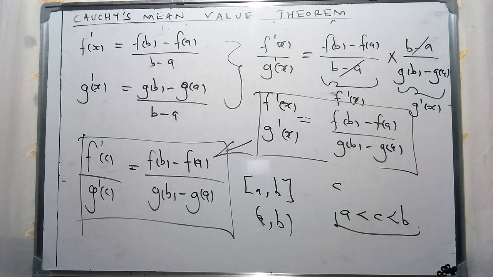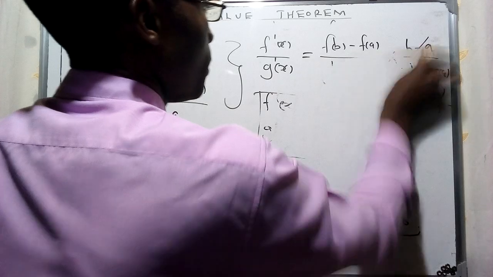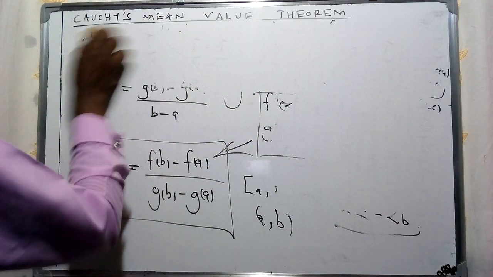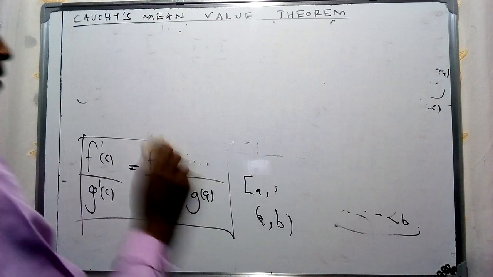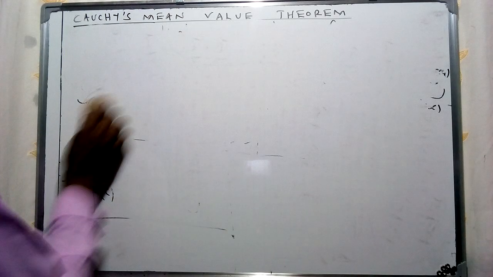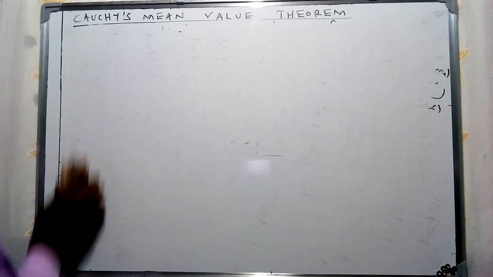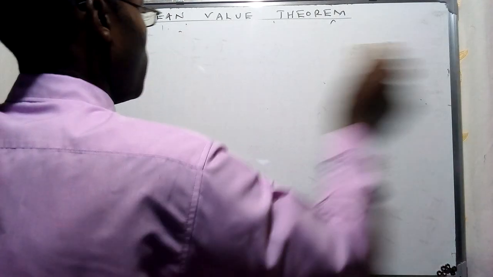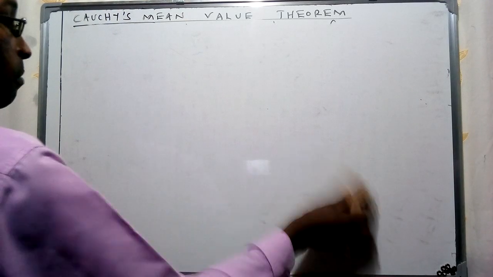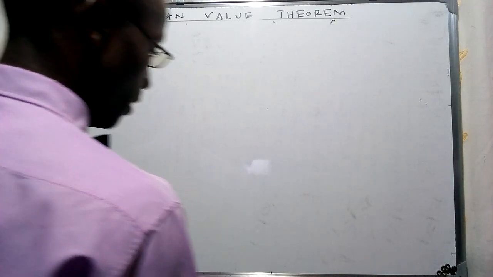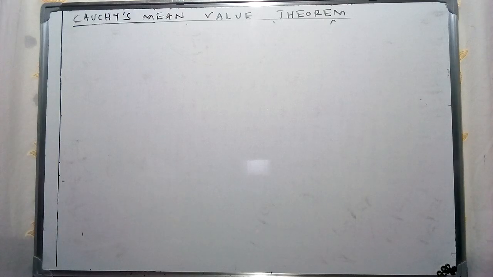And of course, we're going to consider whether that is going to be the case from the mean value theorem. So in this case, I'm just going to do away with this. Then we will confirm whether, if we have those two functions according to Cauchy's mean value theorem, f prime of c over g prime of c is equivalent to the derivative of that specific function.